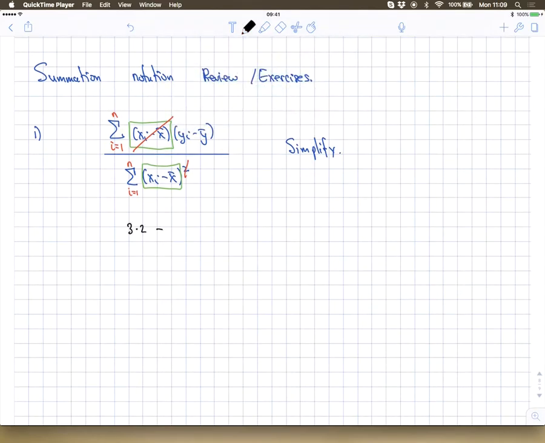3 times 2 plus 5 times 6 plus 11 times 22 over 3 squared plus 5 squared plus 11 squared. Look at the similarities between that, right? The 3 is here and the 3 is here. The 5 is here and the 5 is here. The 11 is here and the 11 is here.